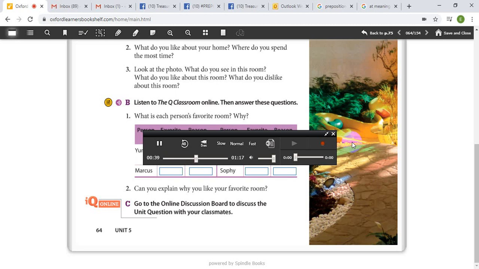I like my bedroom. It has all of my things in it, and sometimes I want to be alone. In my bedroom, I can close the door and be alone. Sophie, what about you? What's your favorite room? The kitchen. We have a big kitchen. My family always sits around the table there, and it smells good. Do you like to cook too? Yes, that's one reason I love the kitchen.